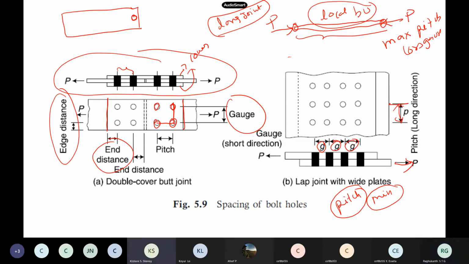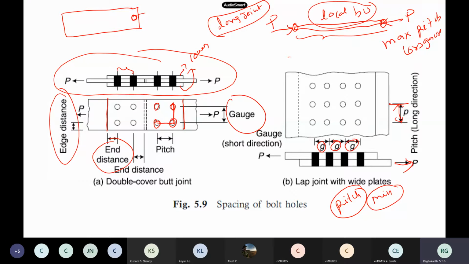The influence areas intersect, causing stress concentration. Now what is the maximum value of stress concentration near the hole? It is 3 times P by A, not PA, P by A. So that influence will come.